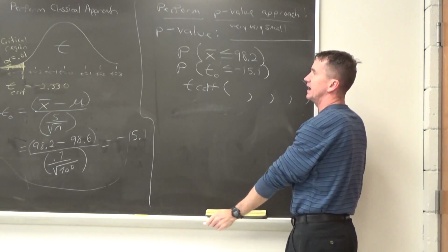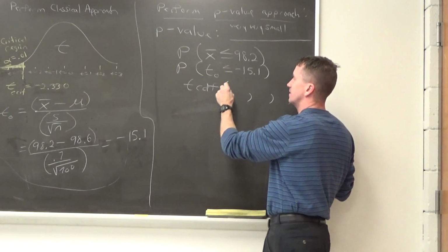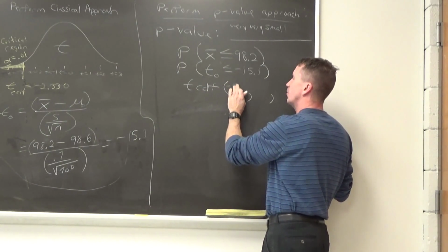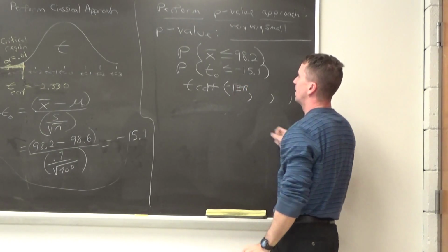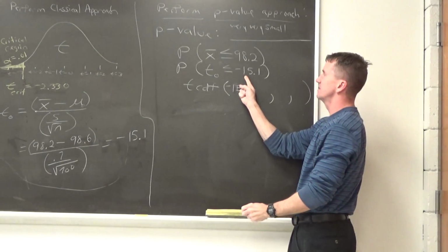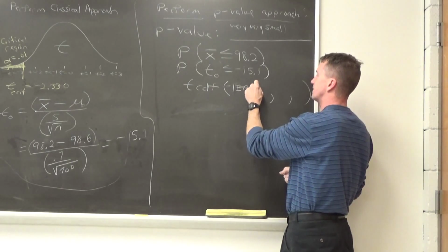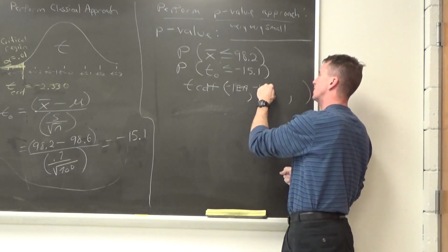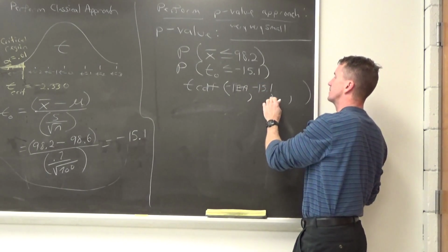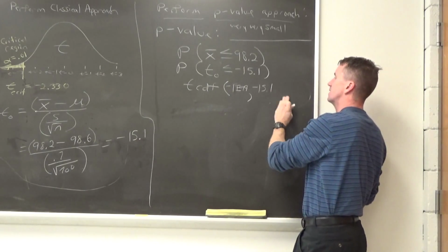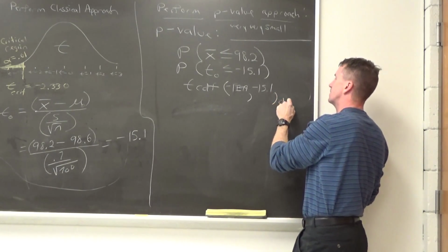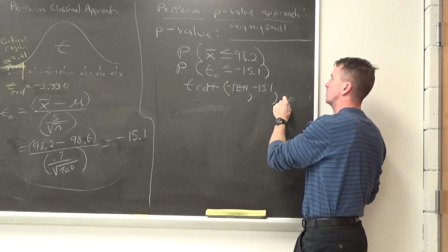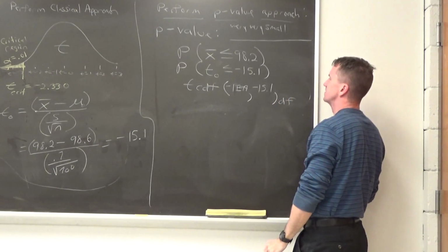We use negative 1E99 for negative infinity. What's the t-value here? Negative 15.1. And then 0 and 1, we'll just put the degrees of freedom. What's the degrees of freedom for this? 699.